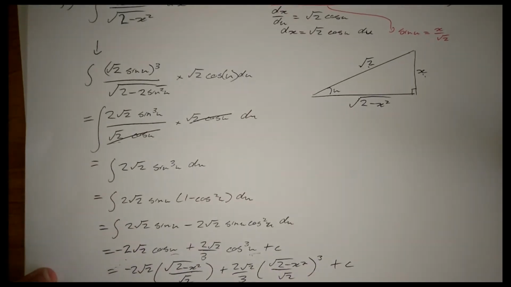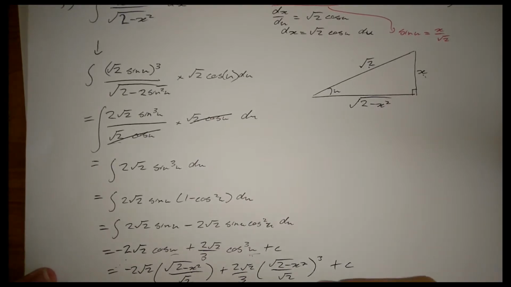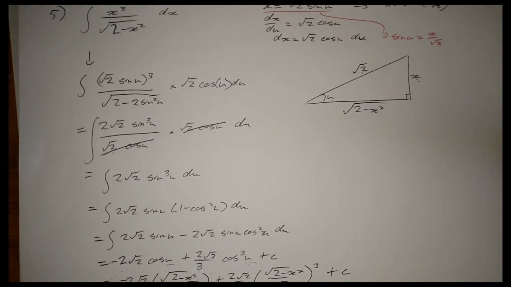We can simplify this down a bit to get negative 2 minus x squared to the power of 0.5 plus 2 on 3, 2 minus x squared to the power of 1.5 plus c, and we're done.